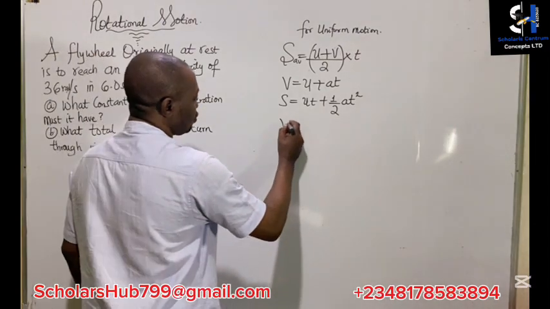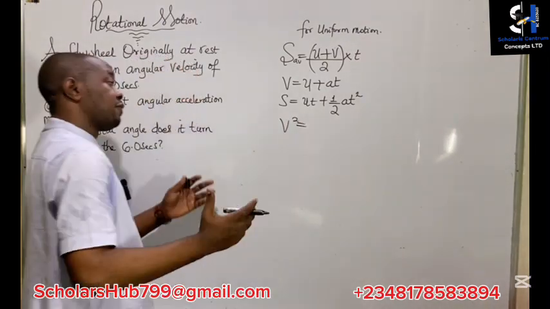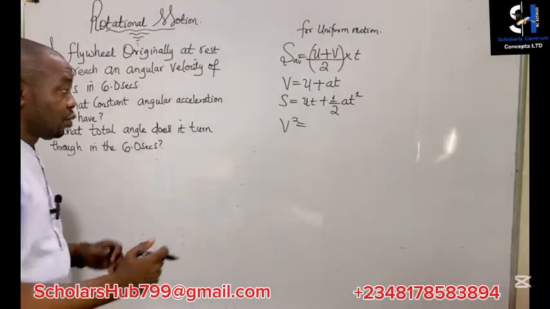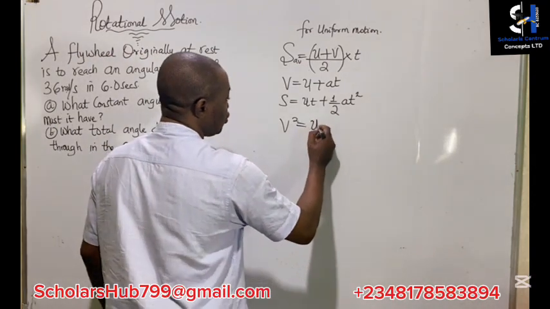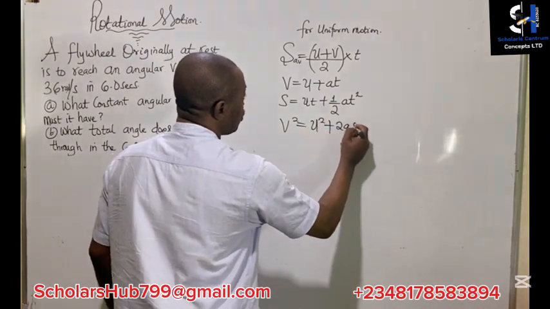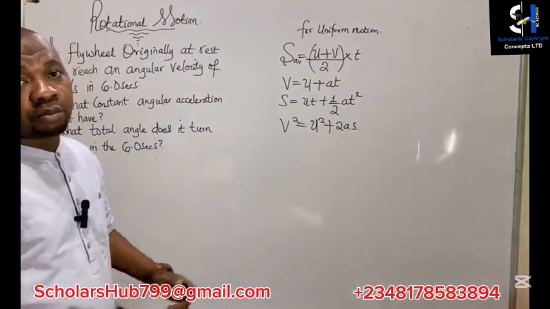The last equation, the fourth, is v squared equals u squared plus 2as. So this is for uniform motion.